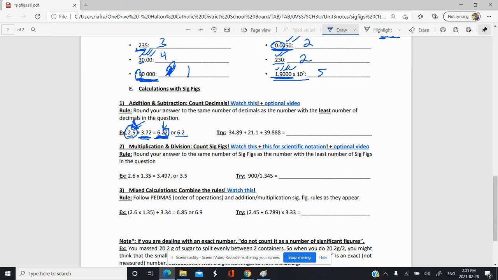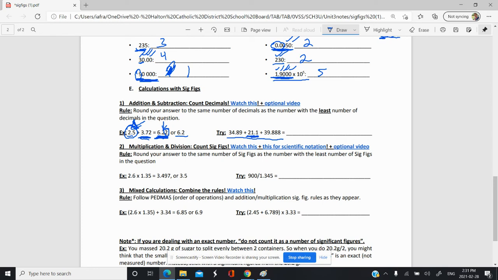So let's try this example out here. We have 34.89 and 21.1, and then 39.888. We need to add these up and then round to the correct number of significant figures. If you look carefully, this number here has the fewest decimal places. So at the end we're going to have an answer that has only one decimal place.